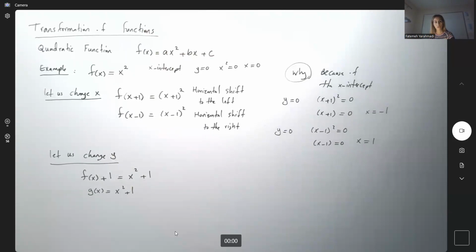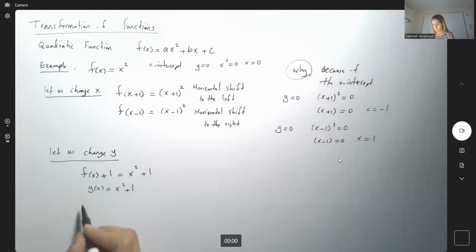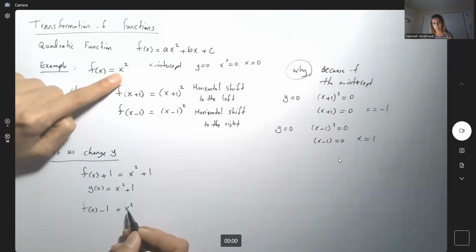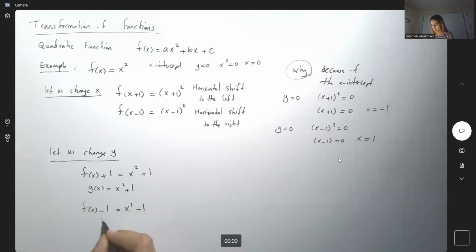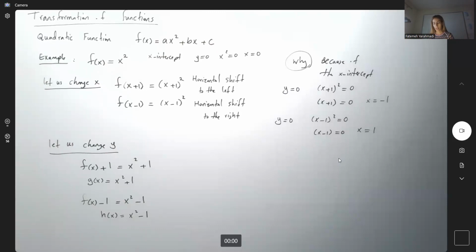Well, what if I subtract a number from my y? f of x minus 1. It means that I have my x squared, which is my f, and I'm subtracting 1 from it. Let's call this one function h, x squared minus 1. Now let us use Desmos, see what is the behavior of the function when I change the y values.